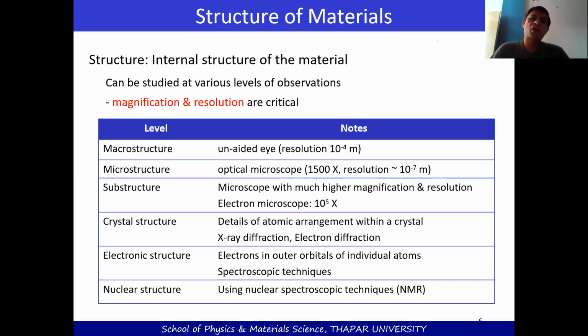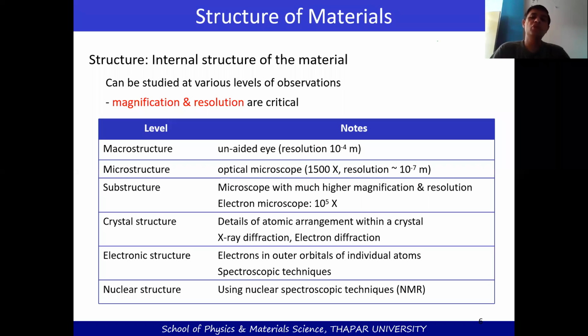If you further magnify the material, the next level of structure will be achieved, which is called the substructure. Now, substructure cannot be seen either by the naked eye or with the help of an optical microscope. You need a better device which can give you higher magnification as compared to the optical microscope.